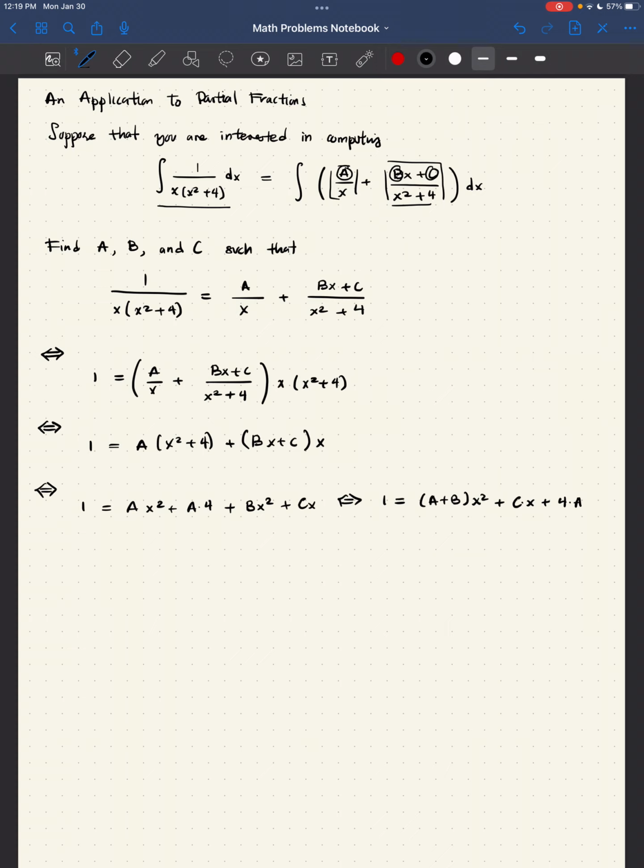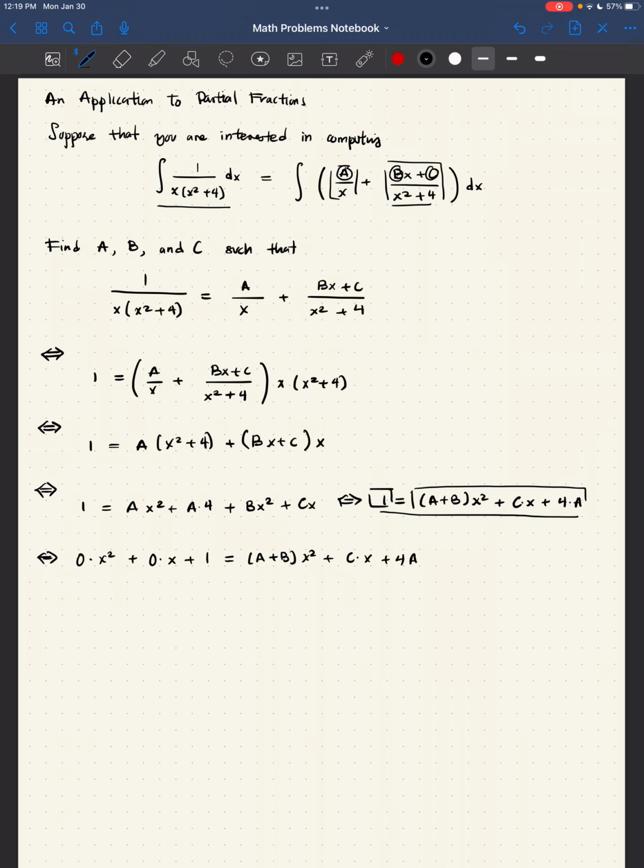But then look, what do we have here? Here we have a polynomial expression in x. In here we also have a polynomial expression in x, but it's kind of hidden. It really looks like this: 0 times x squared plus 0 times x plus 1 is equal to a plus b times x squared plus c times x plus 4a.